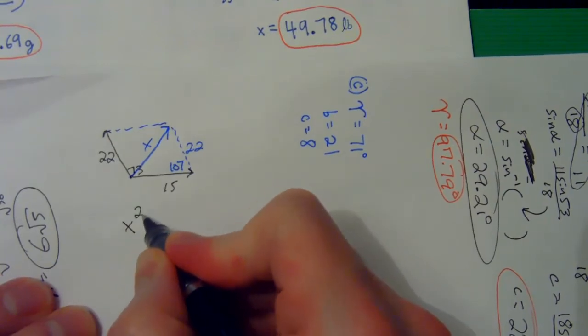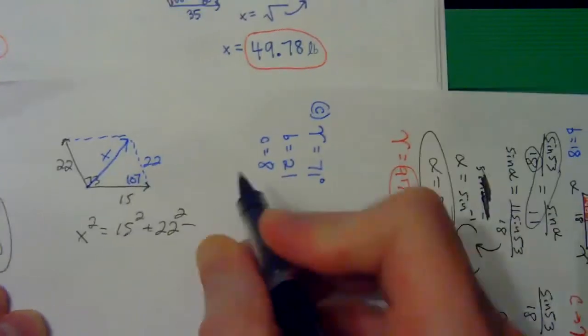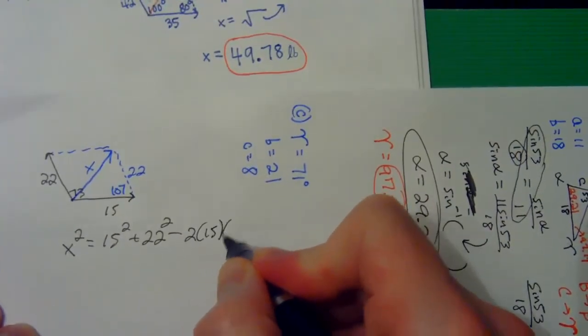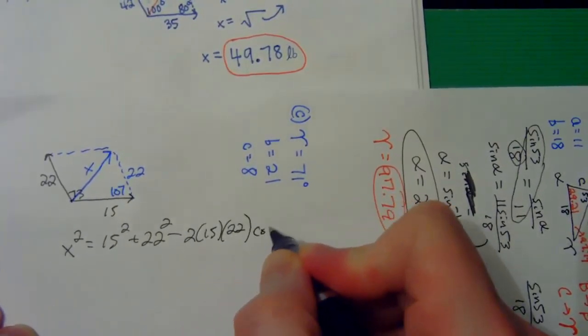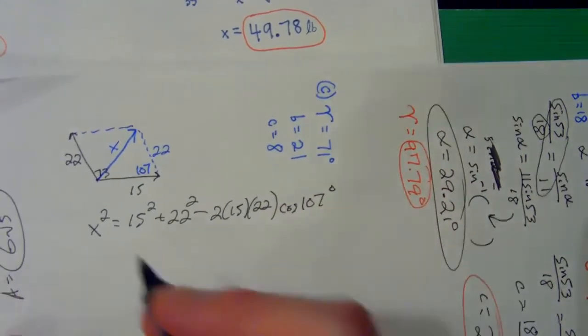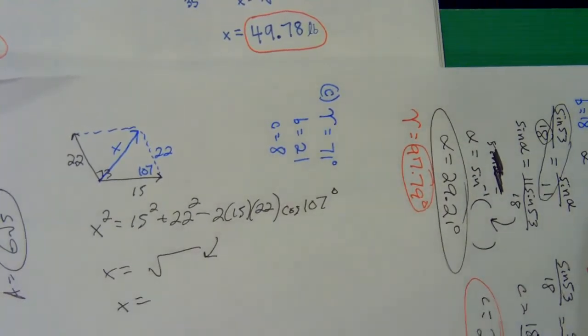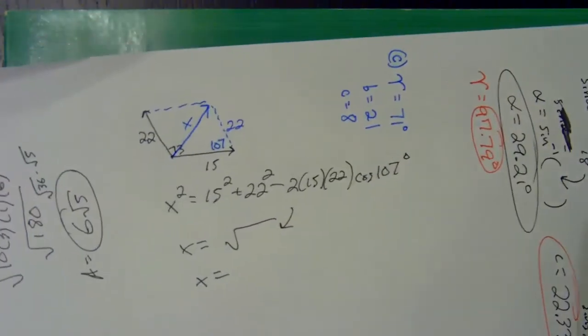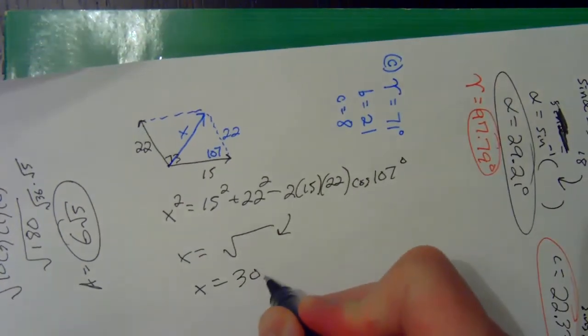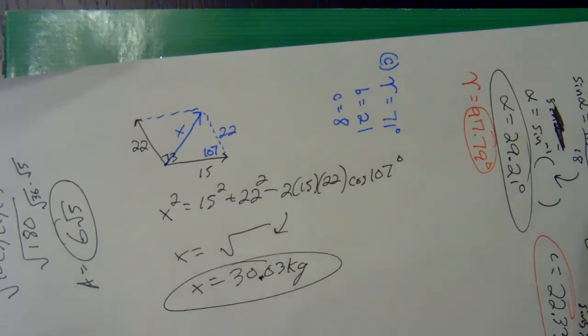X squared equals 15 squared plus 22 squared minus 2 times 15 times 22 times the cosine of that opposite angle, which is 107 degrees. Then you take the square root of all of that in the calculator like I showed you on letter A. If you do that properly, you should get 30.03, and the units will be kilograms.